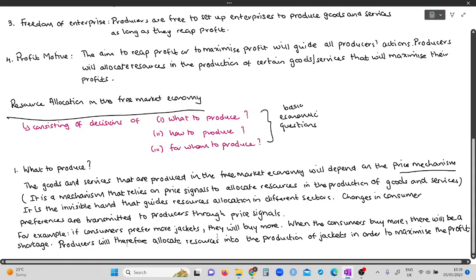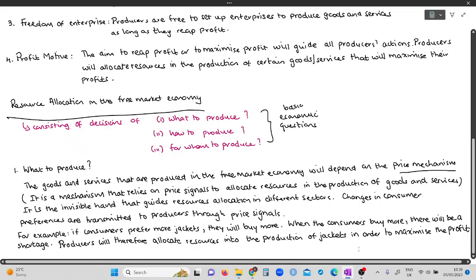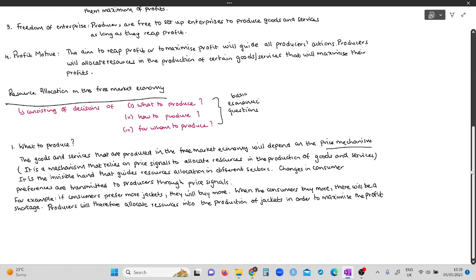We continue. Allez, so again in the what to produce, if we have other goods, for example, goods Y are less preferred, okay, and demand for it is less preferred, and demand falls.